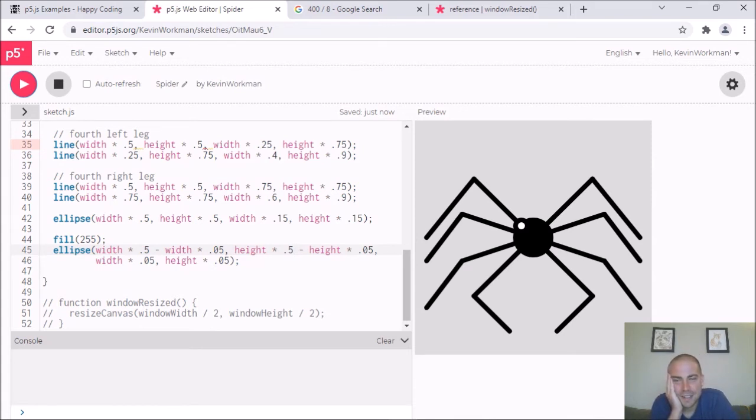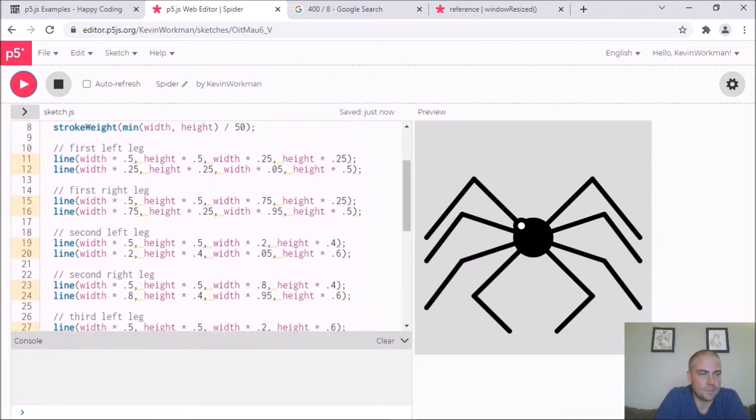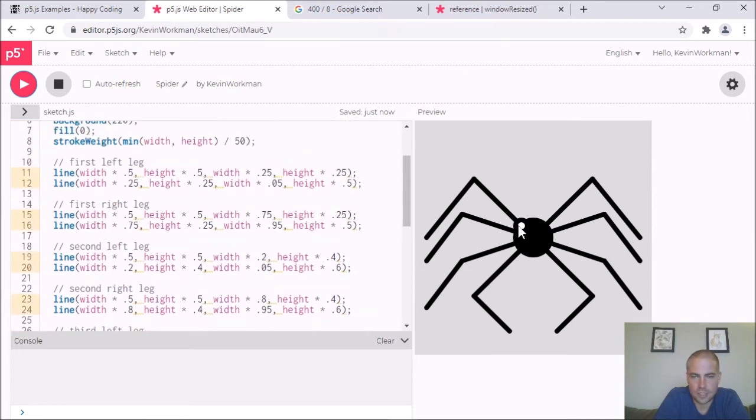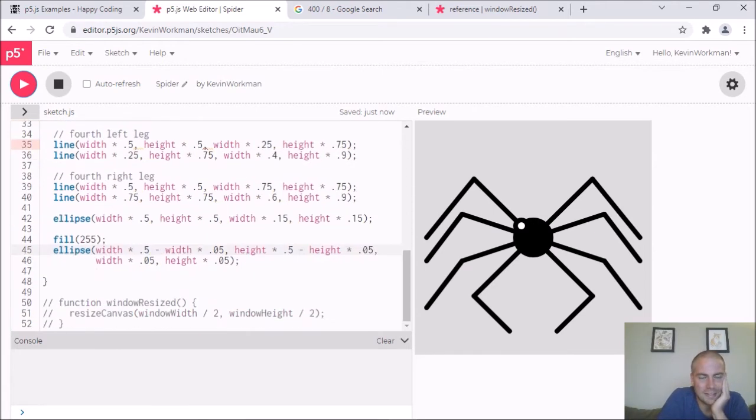It's kind of creepy, which might be good actually. So it's because of the really thick stroke weight. So you can kind of see that there's like an outline around my eye, which makes it look like it's coming out of the body a little bit, which maybe I'm into actually.